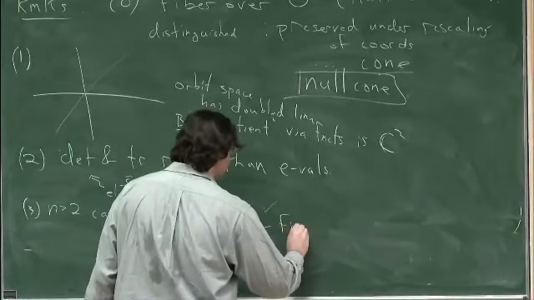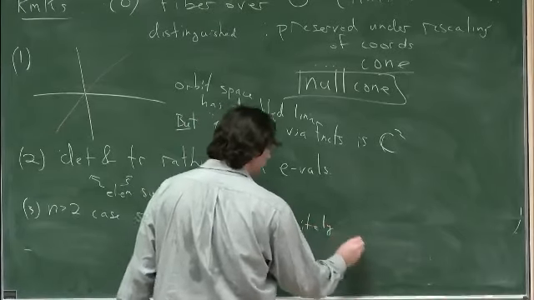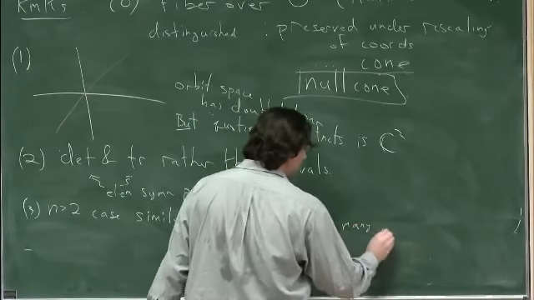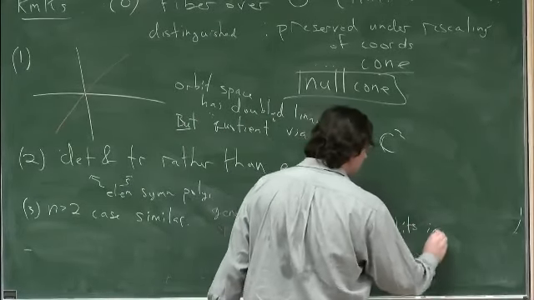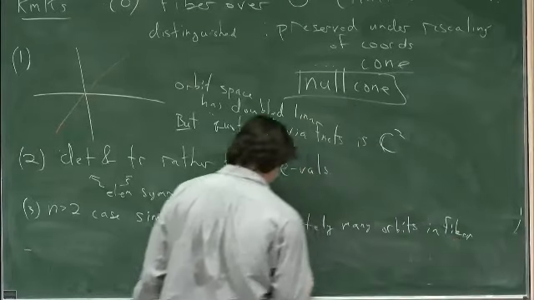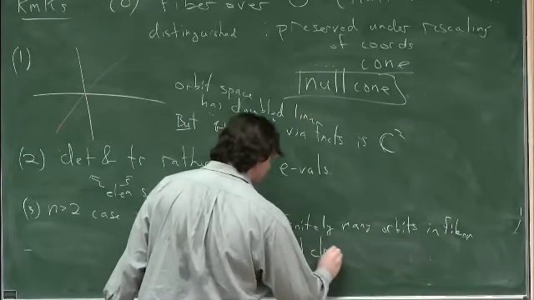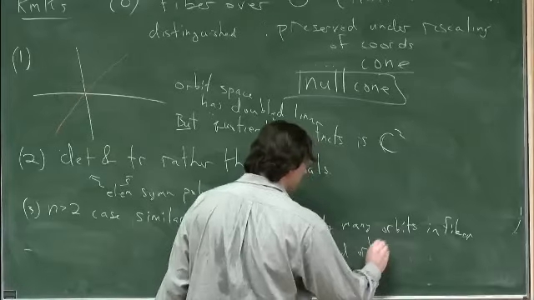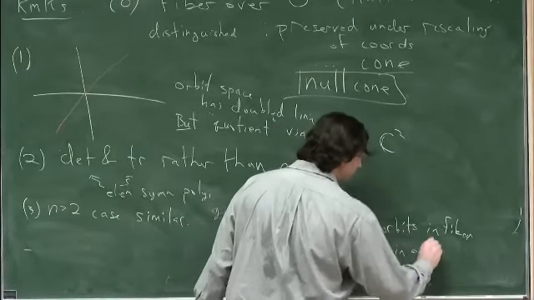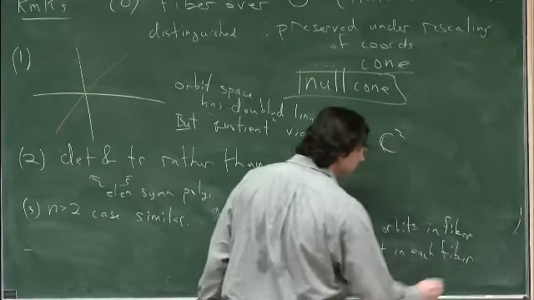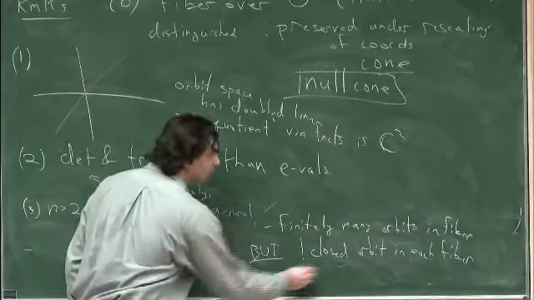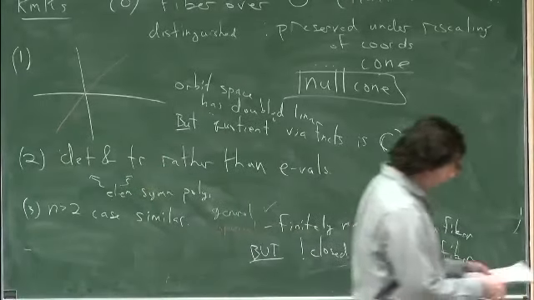Now you have finitely many, maybe greater than 2, in each fiber, but you always have a unique closed orbit in each fiber. That is to say, these invariant functions are separating the closed orbits.